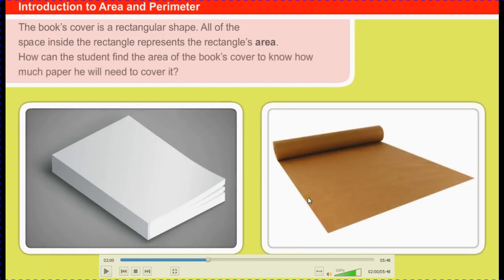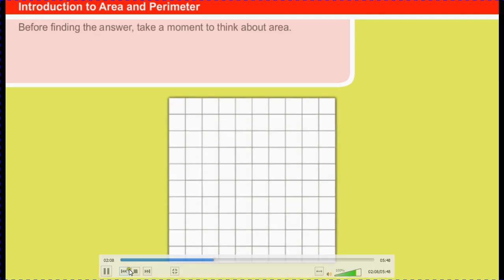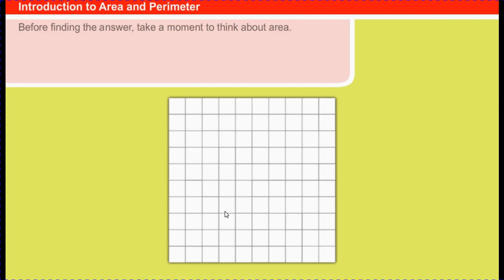Then now we have this color of cover and you want to make a cover for this book. Then to cut how much from this material, let's see. Let's see the same idea.